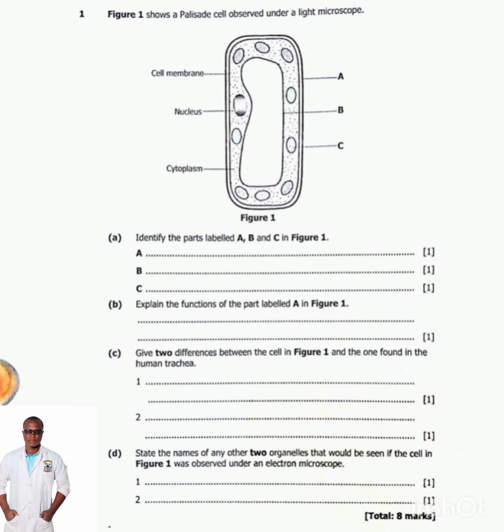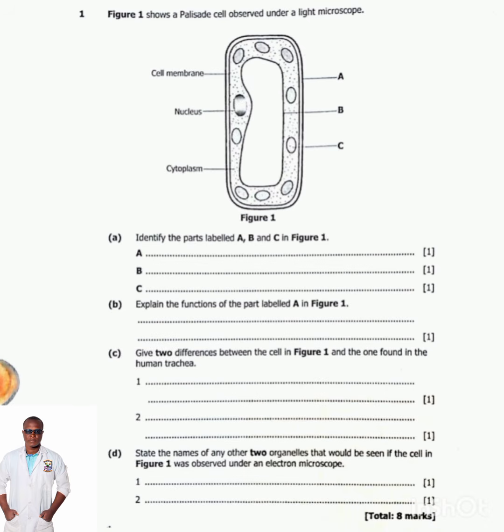Now, which other features can you see if you get this cell and then you put it on an advanced microscope called an electron microscope? Which other features which are not shown on this cell can you see? That's what the question is seeking us to mention.